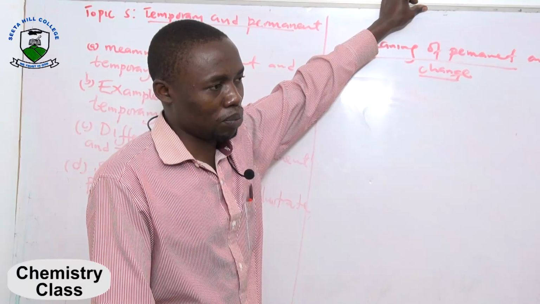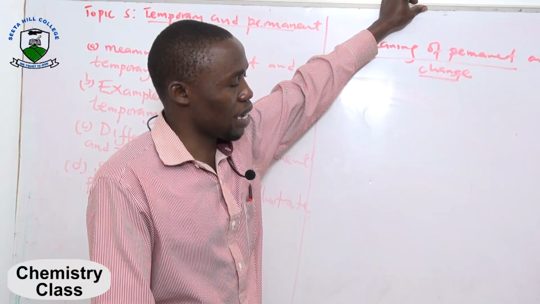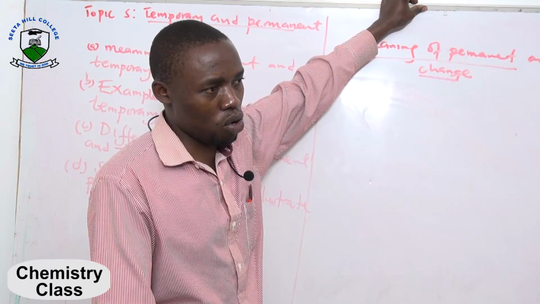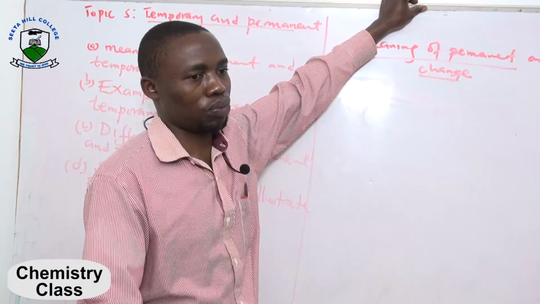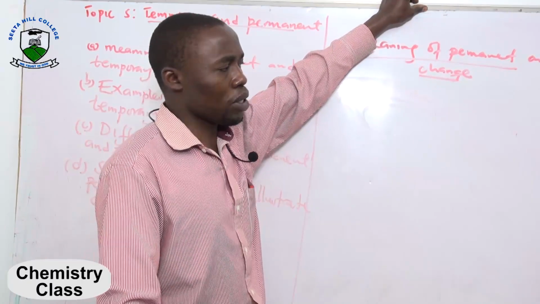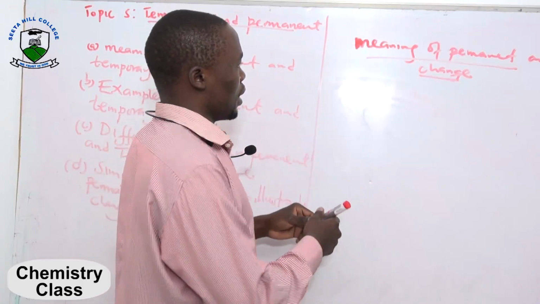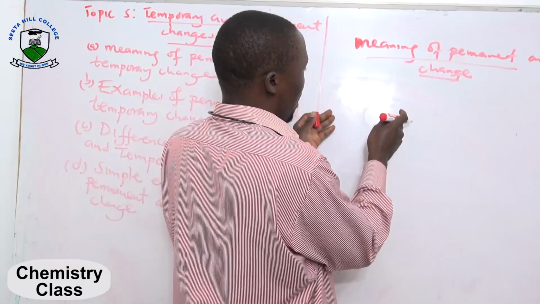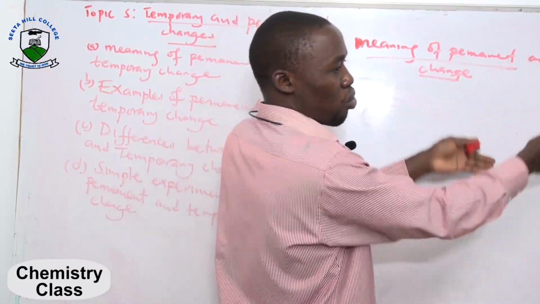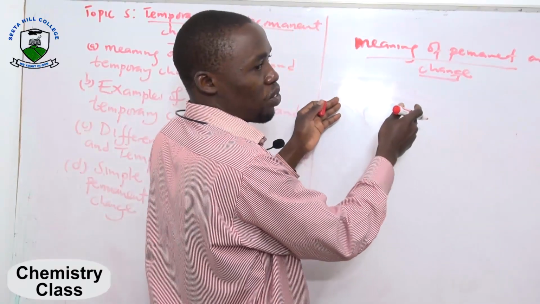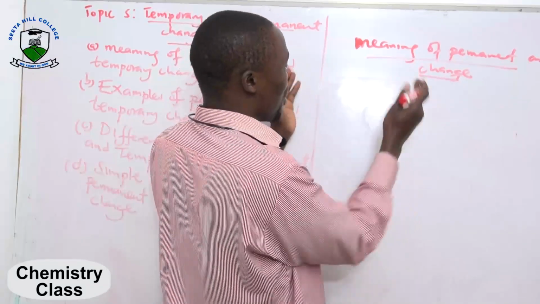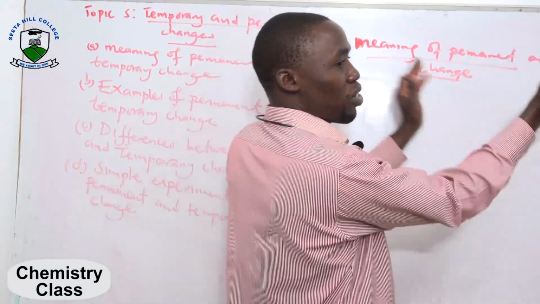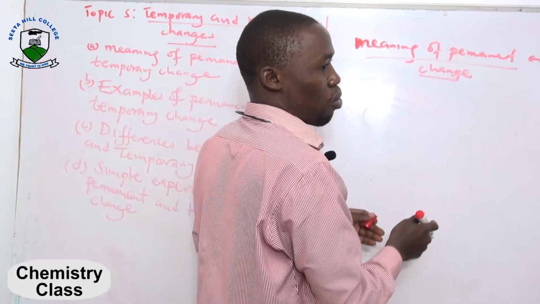Chemical changes are associated with chemical reactions. In a chemical reaction, you have an original product forming a new one, but in a temporary change you have an original product forming the same original product but in a different form.